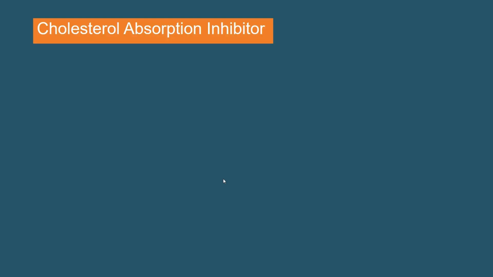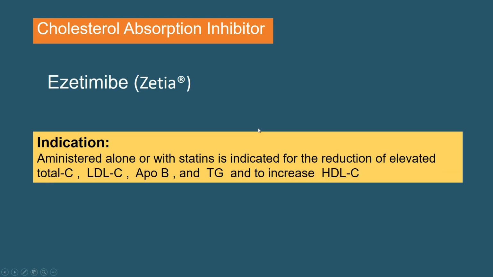Next class of drugs are cholesterol absorption inhibitors. The best example for a cholesterol absorption inhibitor is ezetimibe, brand name Zetia, and ezetimibe is used alone or also used with statins together to lower total cholesterol, LDL, ApoB, and triglycerides.